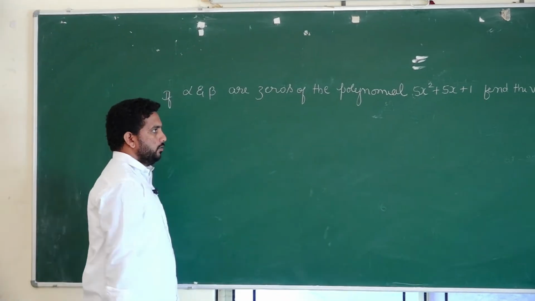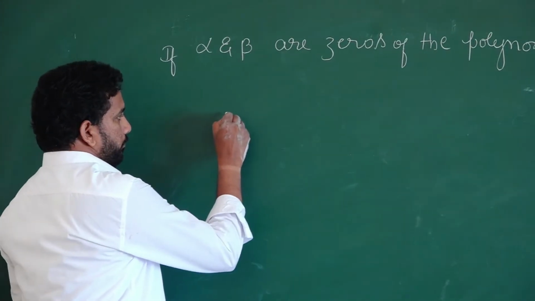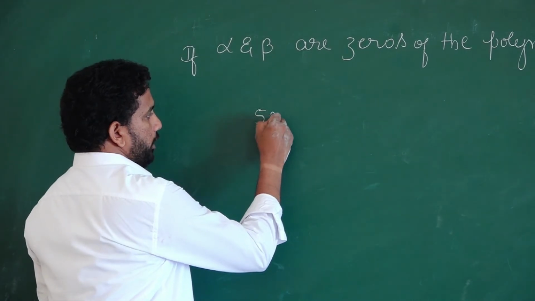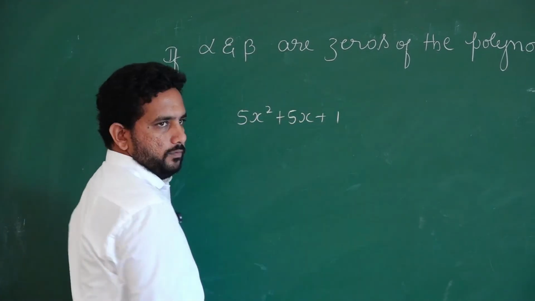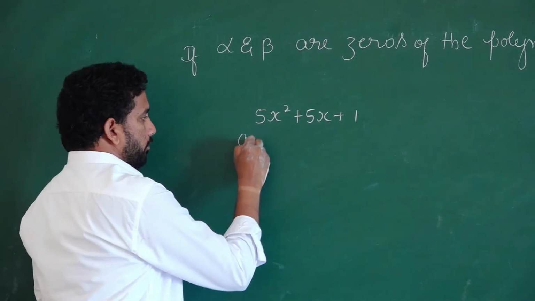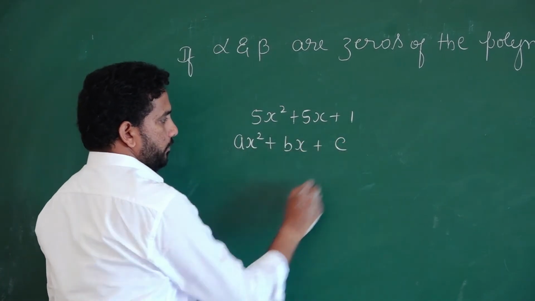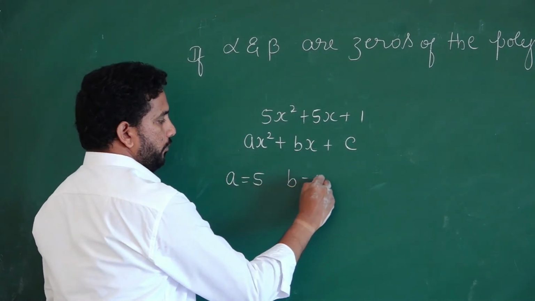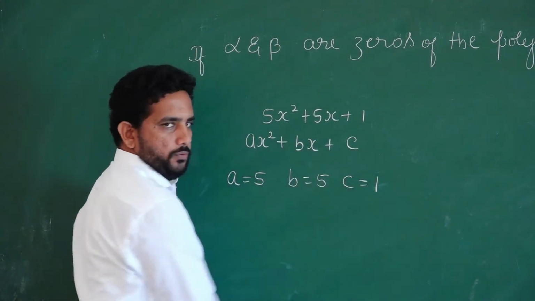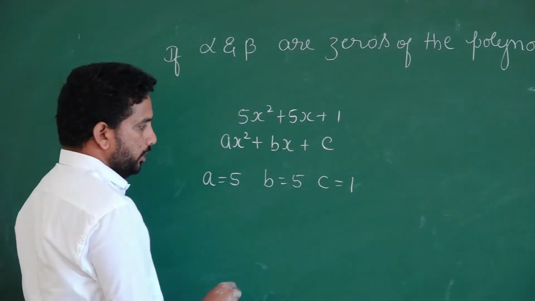We can do this by two methods. So we have to compare this quadratic equation with the standard form, 5x square plus 5x plus 1. Here we compare with ax square plus bx plus c. Here a is equal to 5, b is equal to 5 and c is equal to 1. And we have to find the sum of the roots and the product of the roots.